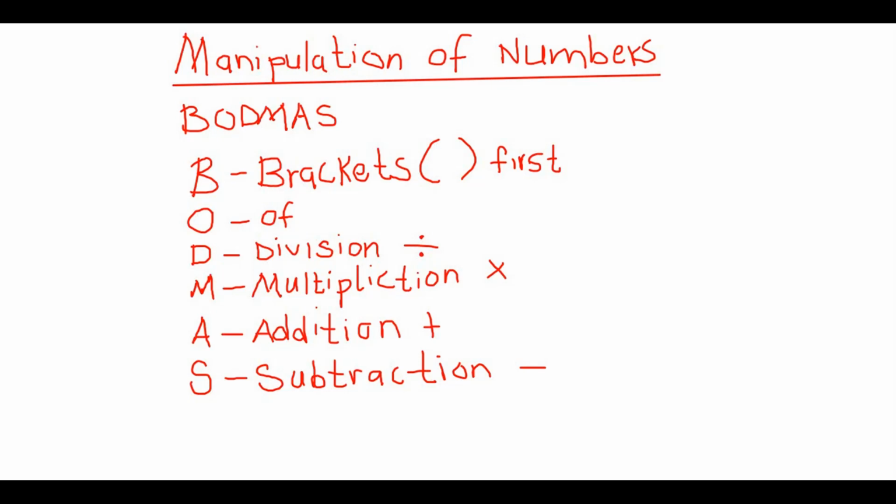All these letters have got their meaning. The first letter, B, means brackets. These are the brackets that we have. And then O stands for of, D stands for division, which is the symbol for division.